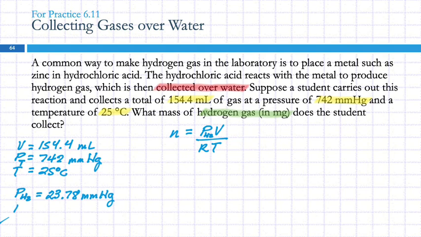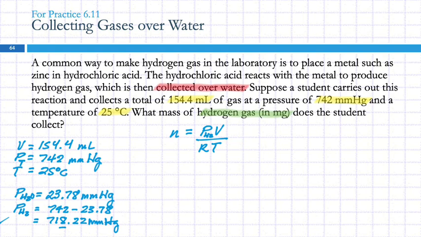The partial pressure for the hydrogen then is the total pressure minus the partial pressure of water. So 742 minus 23.78, 718.22 millimeters of mercury.